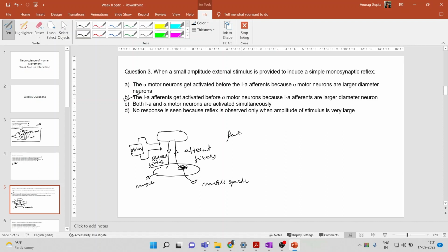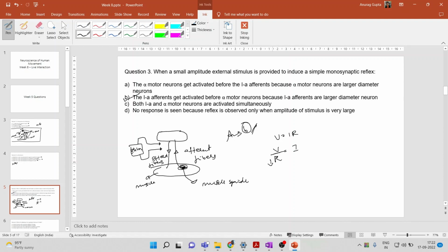So the answer is B, and we can think about it like this. V is equal to IR, and V by R is equal to I. So for larger diameter fibers, the R is less. So for the same voltage, since the resistance is less, the membrane resistance is less, the input current that will go into these 1A afferents will be more.